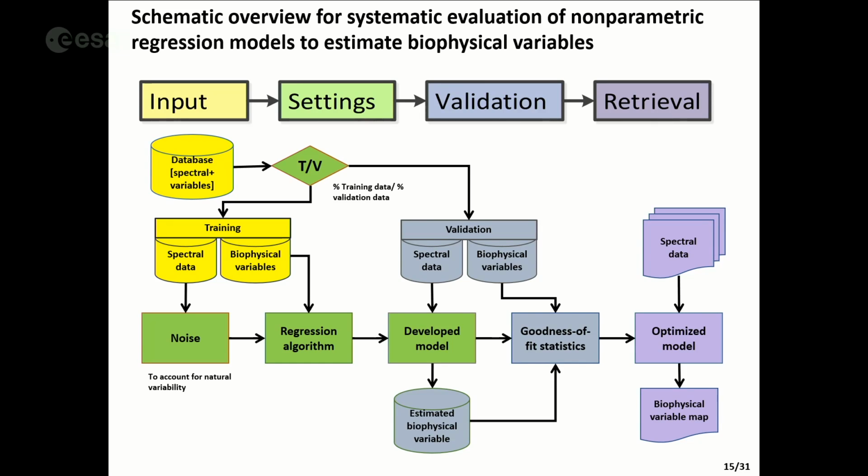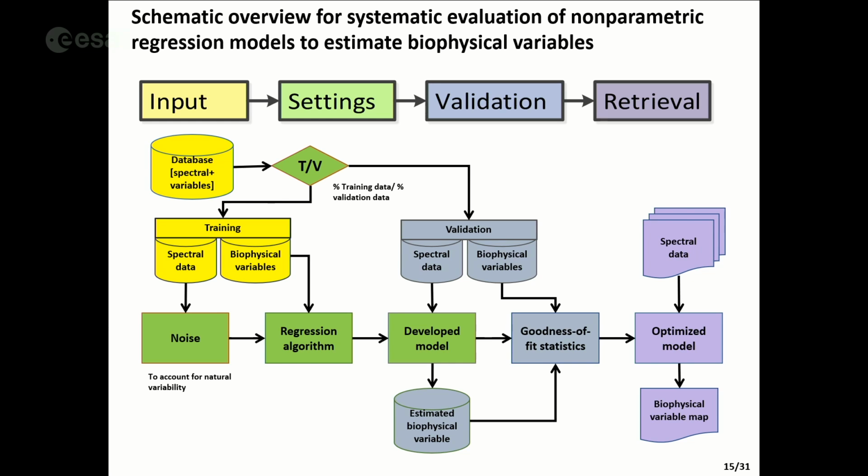Okay, so the data flow. Basically, what we start with is, in my case, spectral data and variables. So we have maybe Sentinel-2 data, and we have some field measurements of chlorophyll, LAI, and so on. That's the input. We will configure the settings, so that we select the type of machine learning algorithm we are interested in. We do the validation.